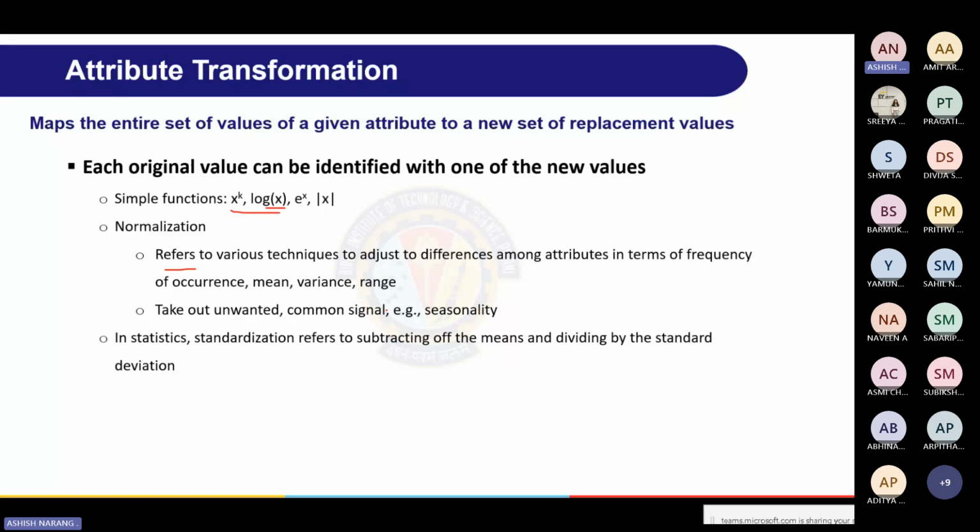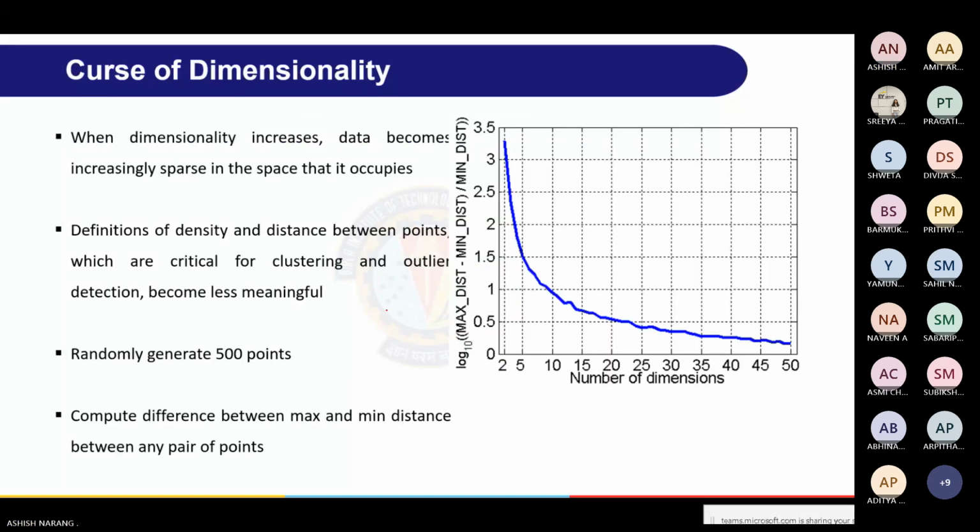If I apply a certain function, the values may follow a normal distribution. They are compact and in a particular range. So using simple functions, I can transform, right? Basically, I need to perform these steps so that the model I'm training is not very much biased towards the values which are of higher range.